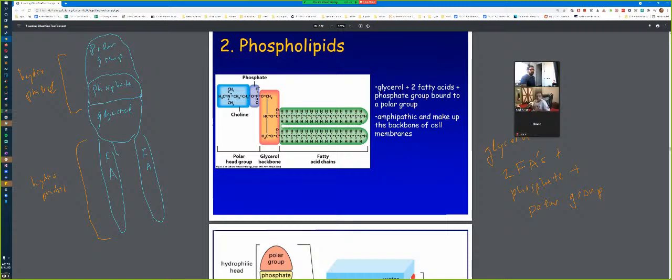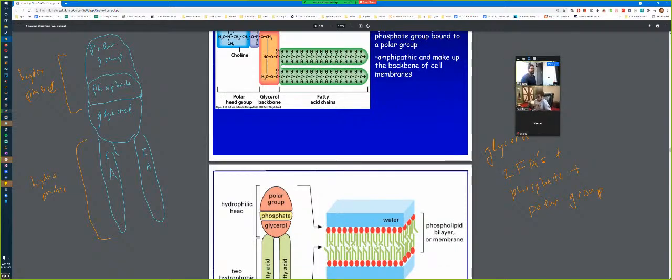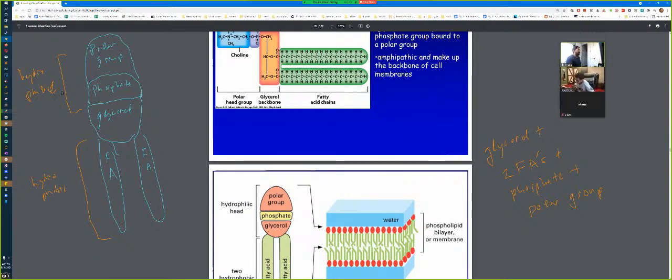Like here they wrote glycerol plus 2 fatty acids plus a phosphate group bound to a polar group. Okay. So you could draw these things that I wrote.